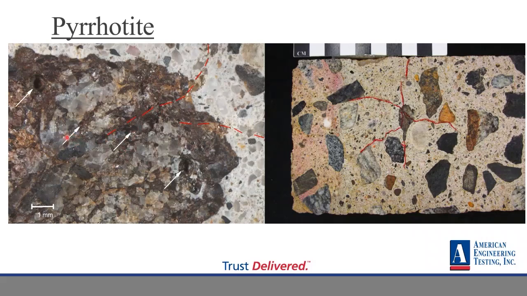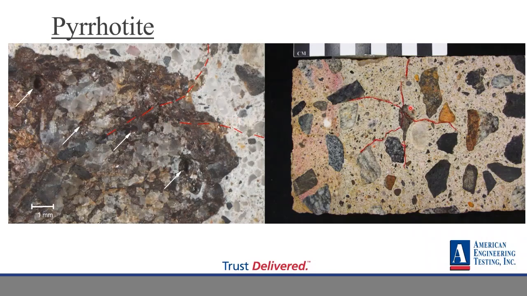All of these white arrows are places where we took microprobes and identified pyrrhotite, and we used our X-ray diffraction machine. And then the red dashed lines represent some microcracking that has started because of the expansion of the pyrrhotite.